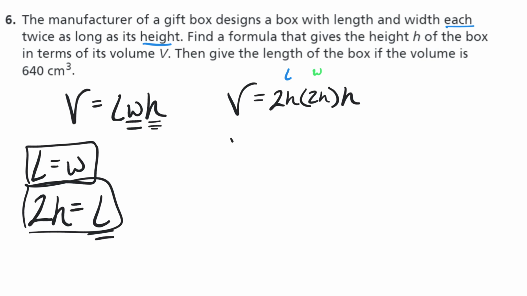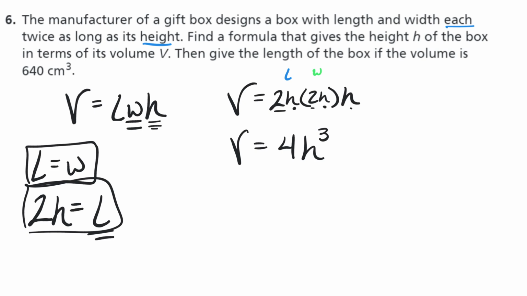So in this particular formula, the volume is equal to 2 times 2 is 4, h times h times h is h cubed. So the volume of this thing is equal to 4h cubed.